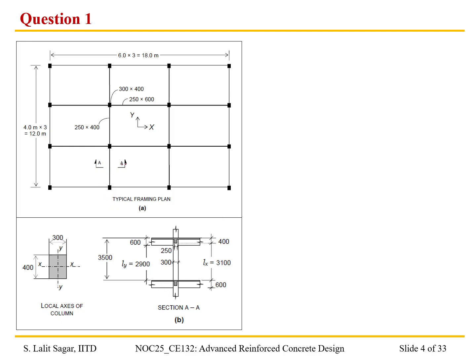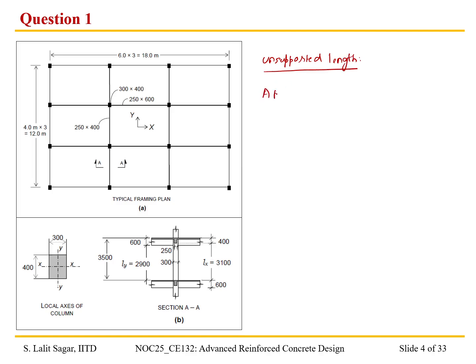So section AA is a section taken across one of these transverse beams. So the unsupported length about x-axis, let me write down, you need to pardon me if the handwriting is not very legible.